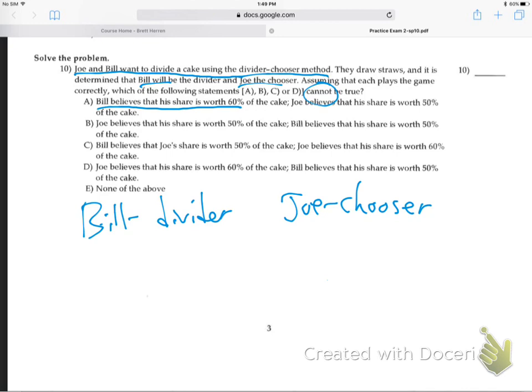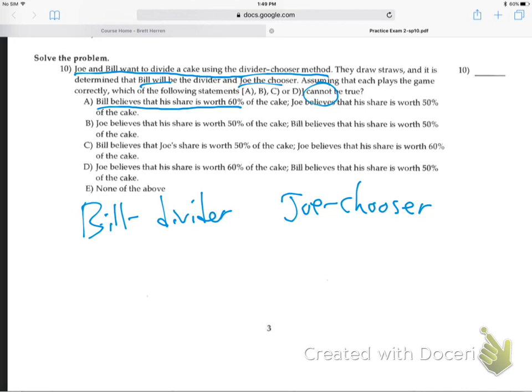He's the cutter. What does the cutter do? He cuts it fair because he gets last pick. Like I always say, you should see it with kids. It's serious business, right? My Johnny boy with his little sister watching the cookie, he becomes a surgeon. He will finish that fair because he knows he gets last pick.